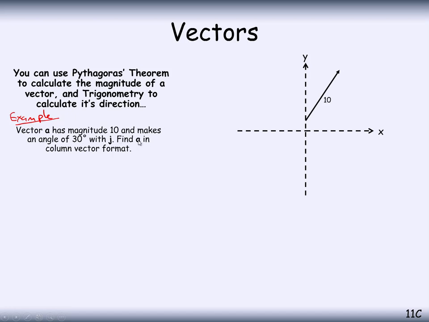So now I need to find a in column vector format. So I need to find across here is the x value, and then up here my y value, so i and j. So I can complete the triangle like so.